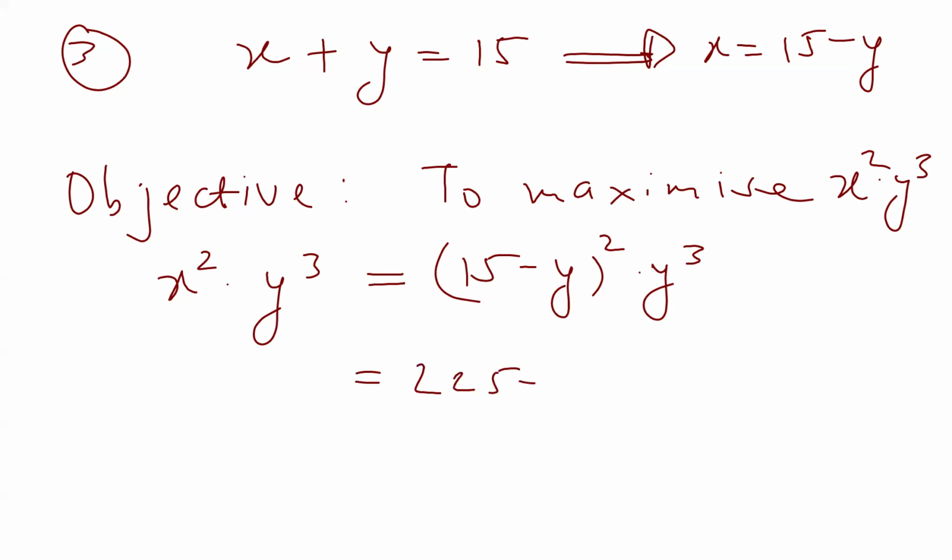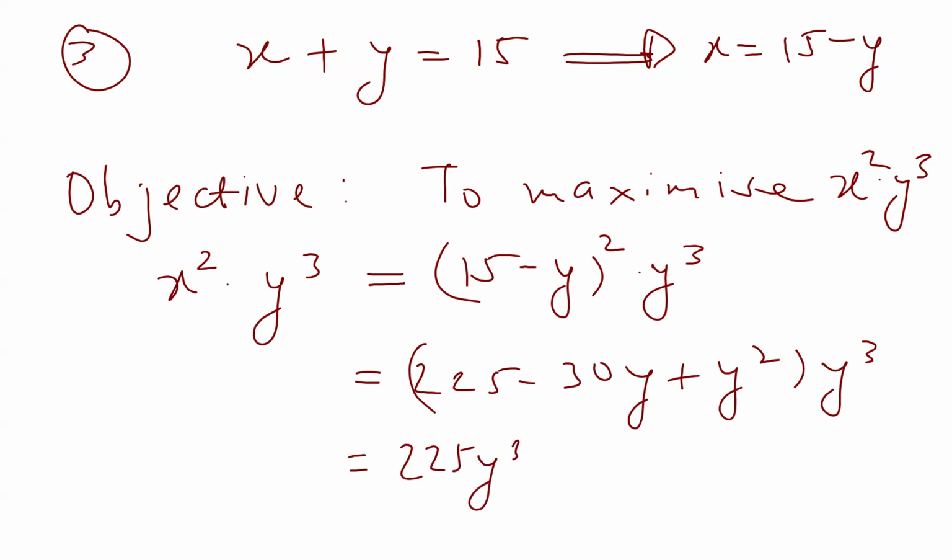I'll just open the bracket. Minus 30y plus y square into y cube. You can also proceed without opening the bracket. That's not a problem really. Minus 30y raised to 4 plus y raised to 5.